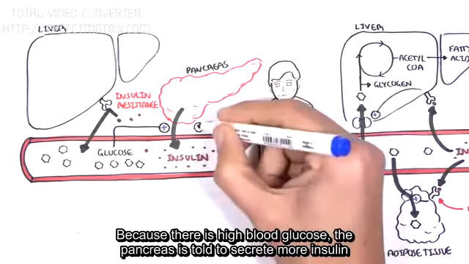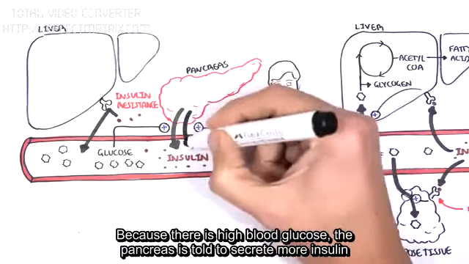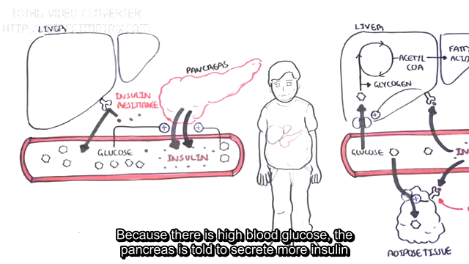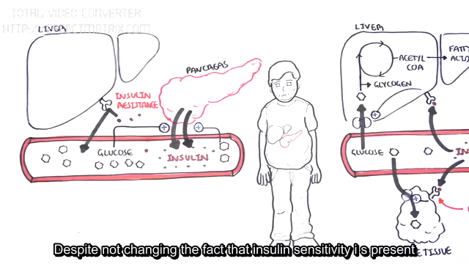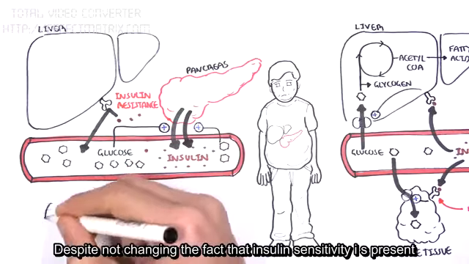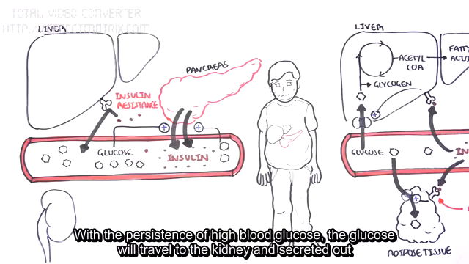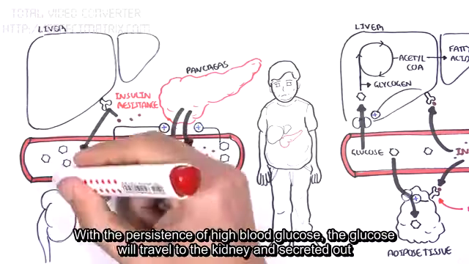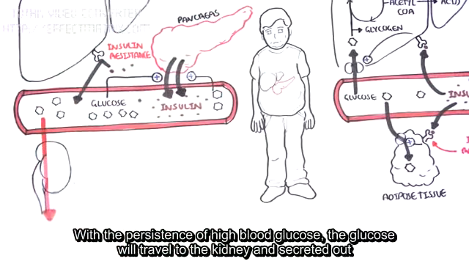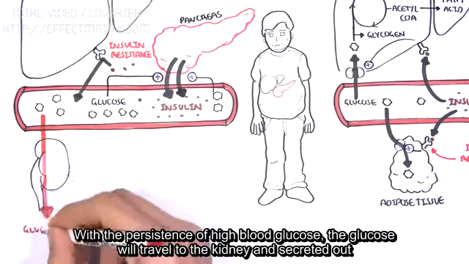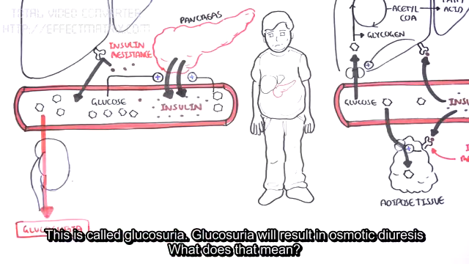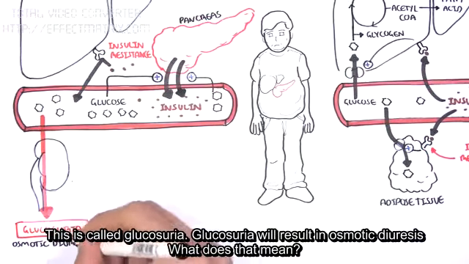Because there is high blood glucose, the pancreas is told to secrete more insulin, despite the fact that insulin resistance is present. With persistent high blood glucose, the glucose will travel to the kidneys and be excreted out. This is called glucosuria. Glucosuria will result in osmotic diuresis. What does that mean?